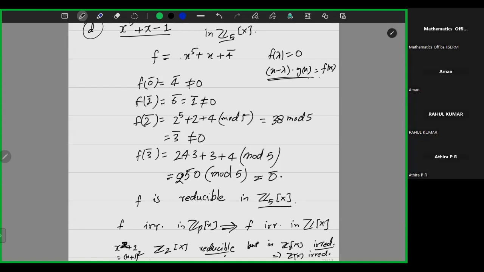Okay, but we just proved that f is reducible in Z5[x]. So for proving that f is irreducible, we have to find some p where it is irreducible.